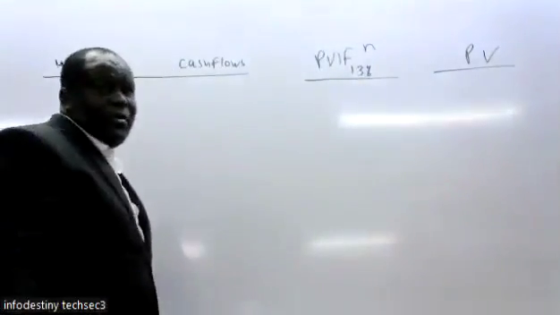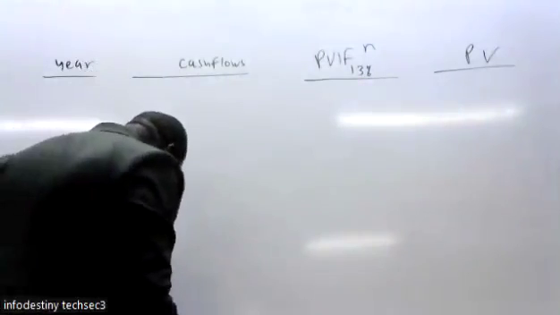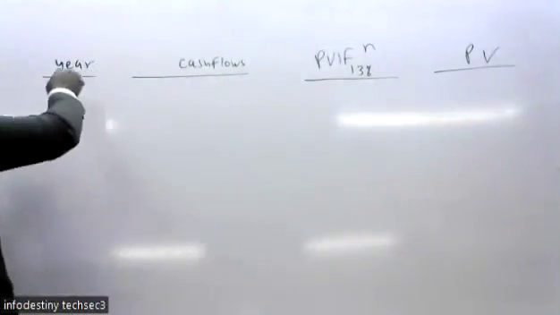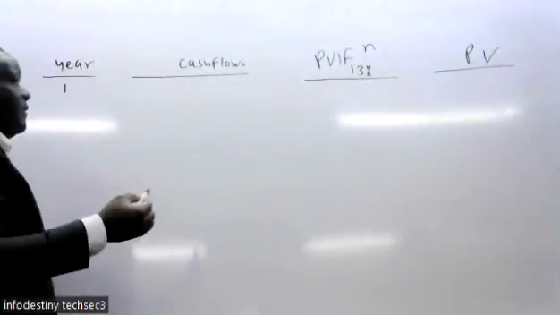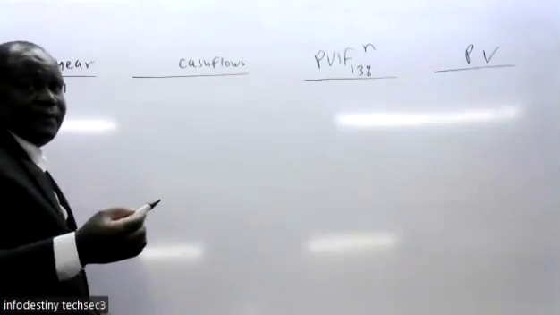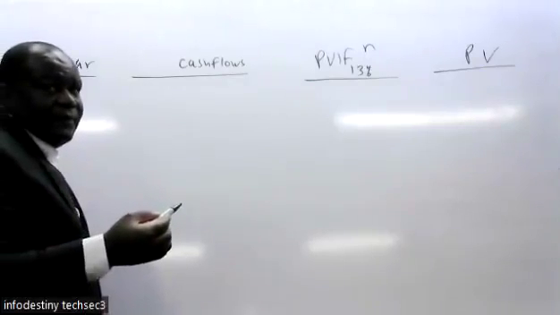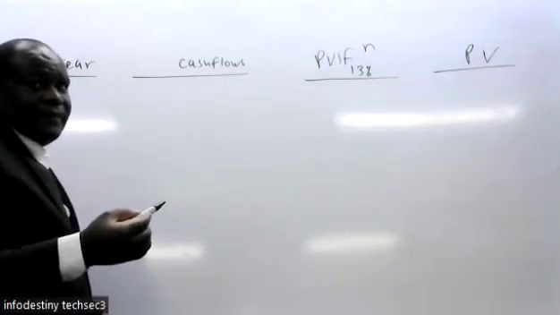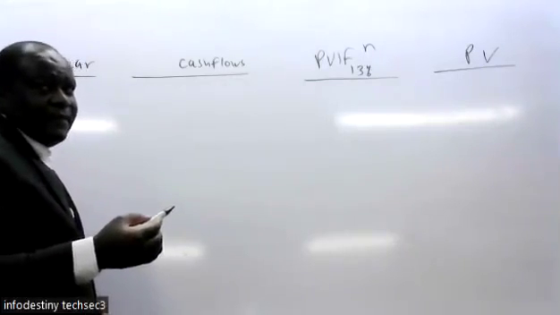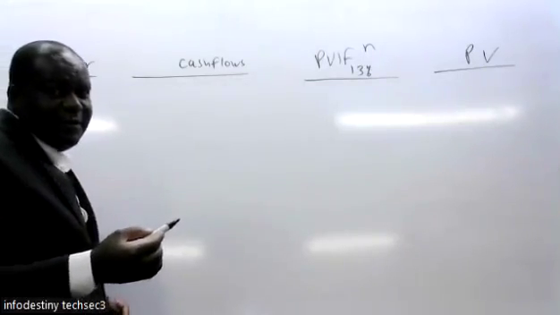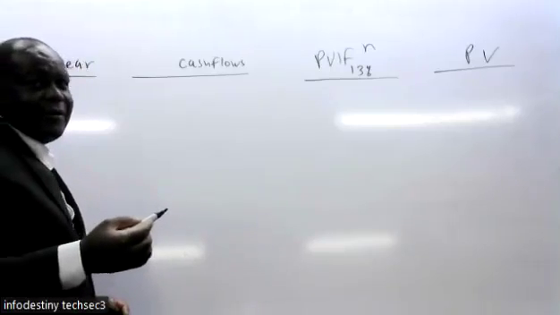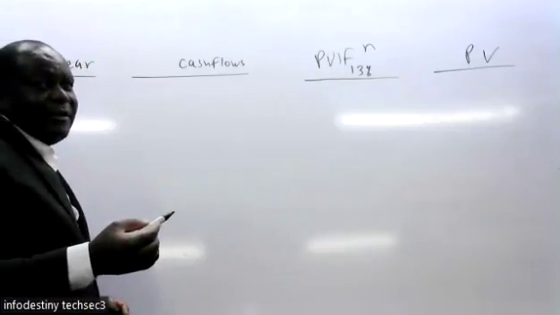So I want you to go to the cash flow statement. Year one, how much were the cash flows for year one? The 500,000 in the cash flow statement that we prepared in your exercise.